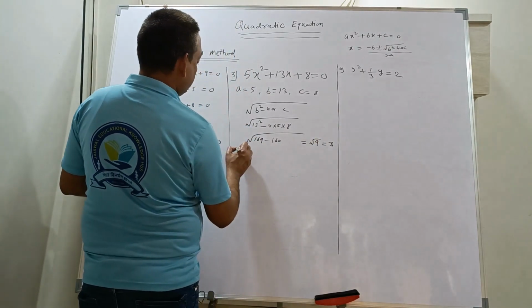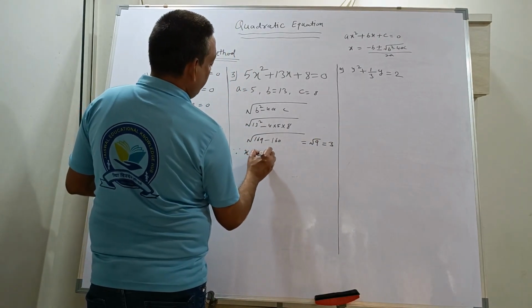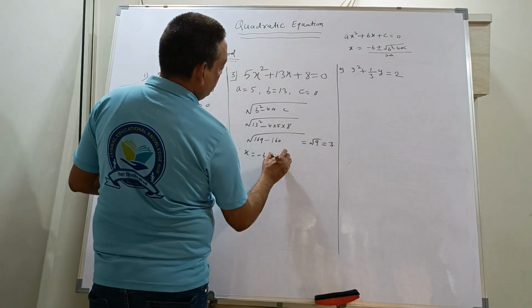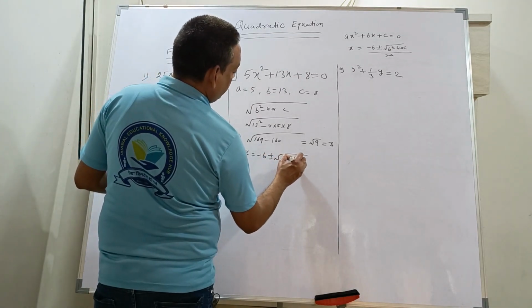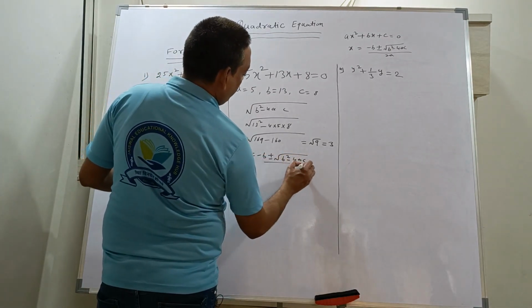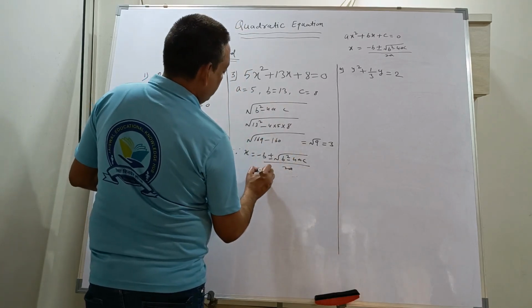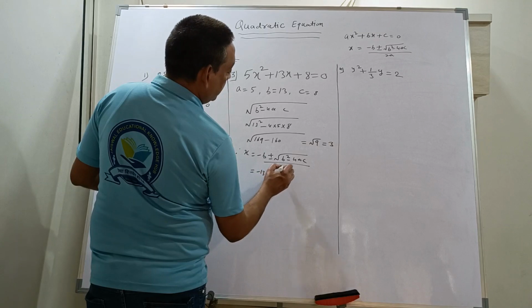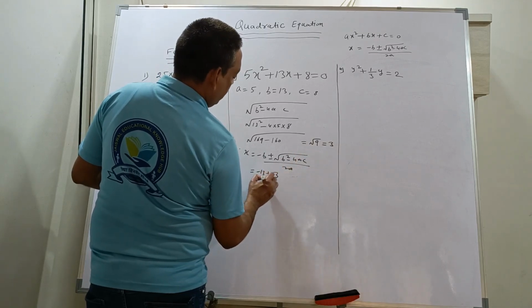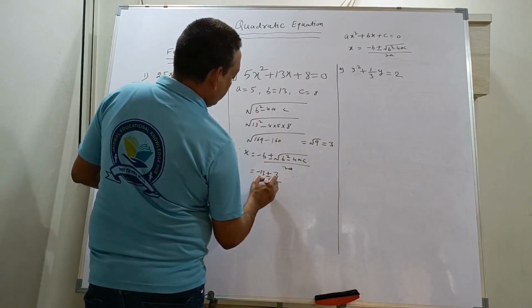Okay, so since x is equal to minus b plus minus root of b square minus 4ac upon 2a, it becomes here minus 13 plus minus 3 upon 2 into 5, that is 10.